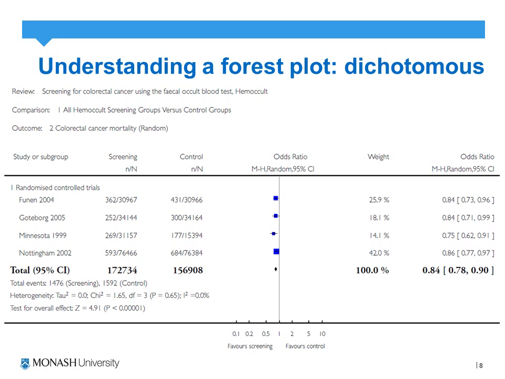So what we want to do now is just ensure that everyone understands how to read a forest plot, and we'll run through that across this slide. So in this case we're using the review for colorectal cancer using the FOBT. So our comparison is the FOBT versus control, and our outcome being colorectal cancer mortality.